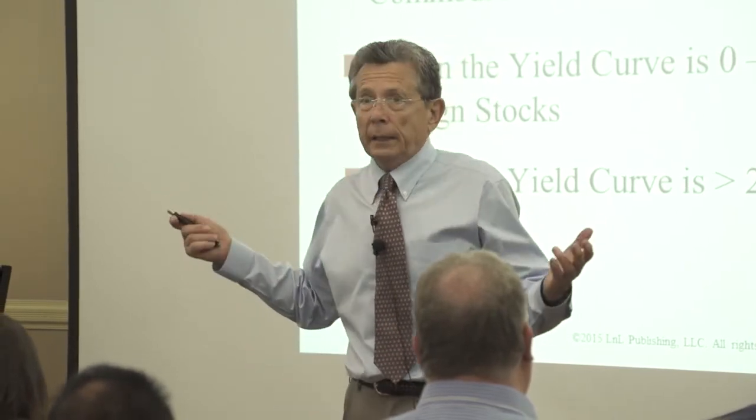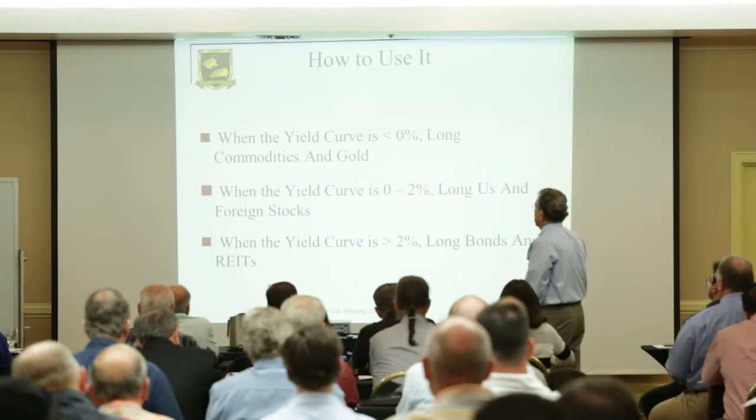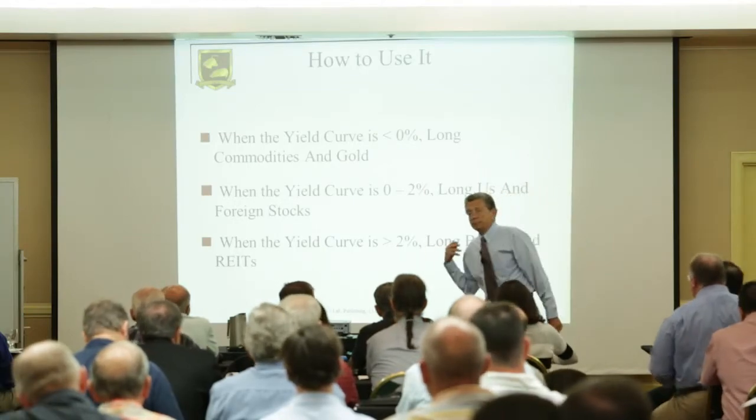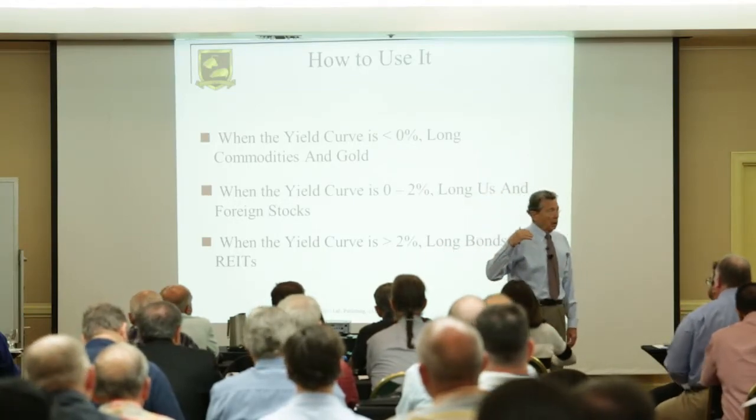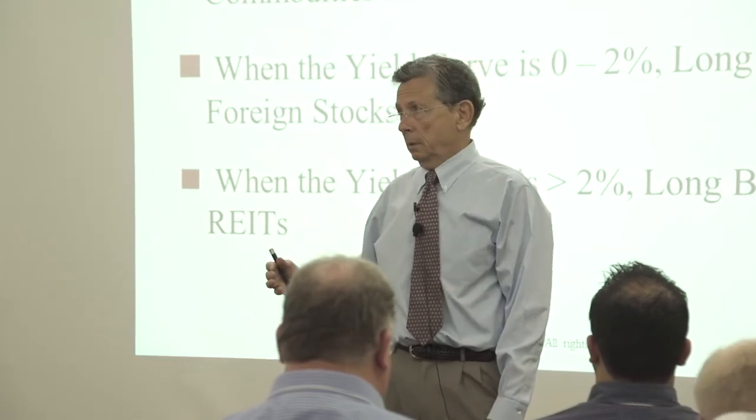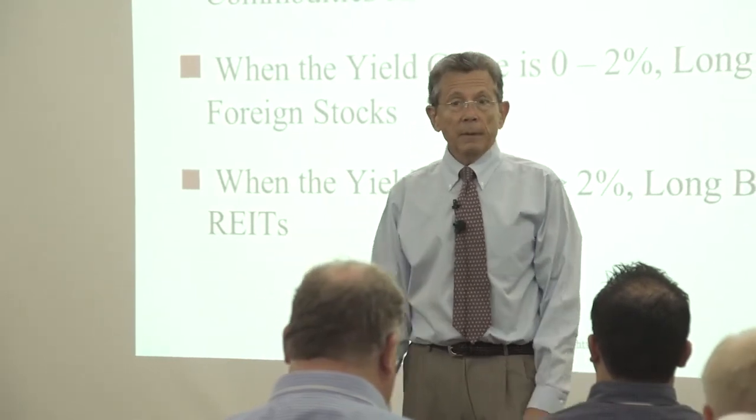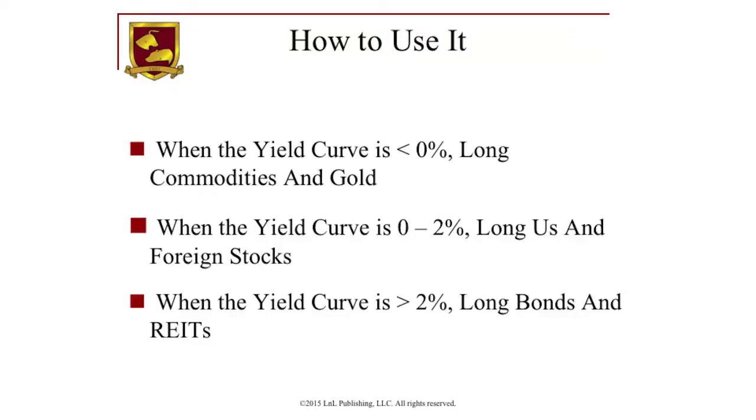No, it's reality. We're in a positive yield curve, and so you would not expect commodities or gold to go up. When will we have the next big commodity bull market? Well, there's your answer, isn't it? When the yield curve is 0 to 2%, long U.S. and foreign stocks. When the yield is greater than 2%, bonds really rally, and so do REITs.